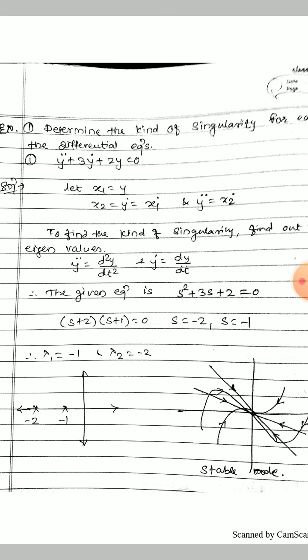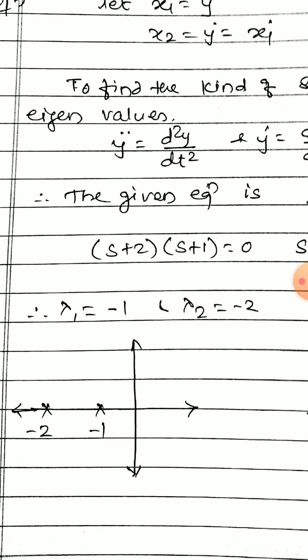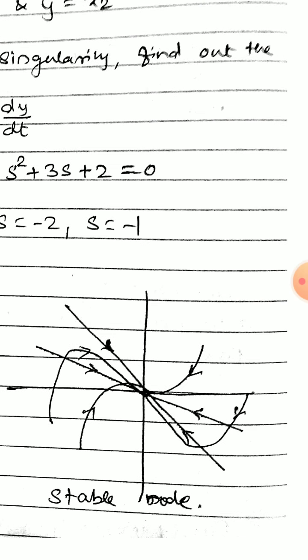If we place the poles in the s plane, they will be represented as in the figure. Both the eigenvalues are negative, so they are on the LHS of the s plane. If we see the standard phase portrait, it will be like this, representing a stable node.